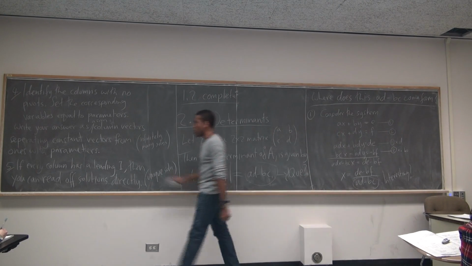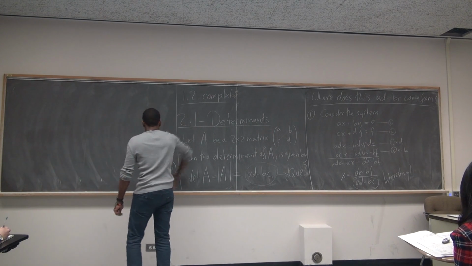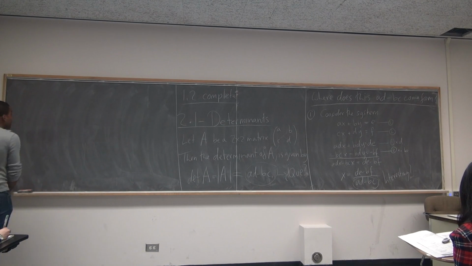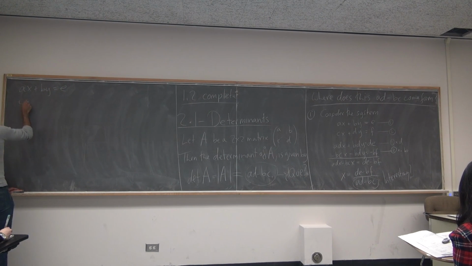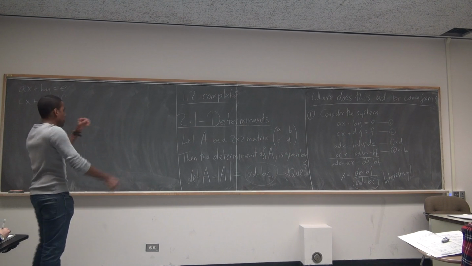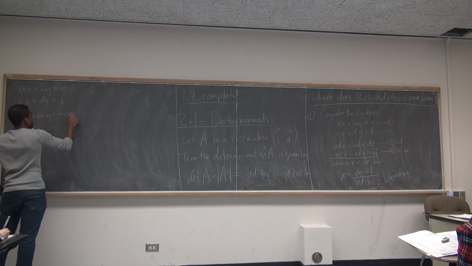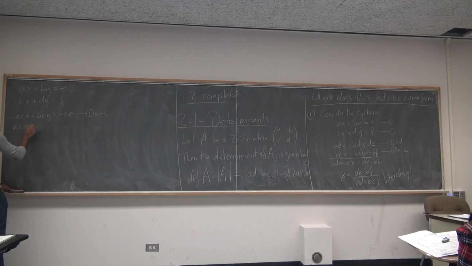Okay, what if I wanted to solve for y? I could do a similar thing, right? So if I had ax plus by equals e, and cx plus dy equals f, and I want to solve for y, I'm going to try the same thing. Take equation 1 times minus c, giving minus bcx minus bcy equals minus ce.